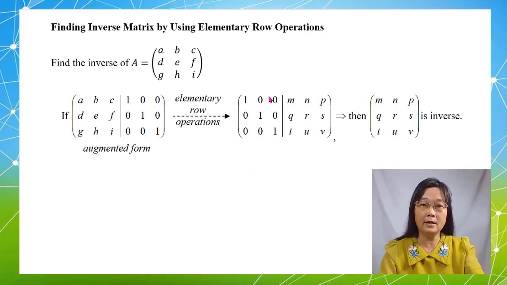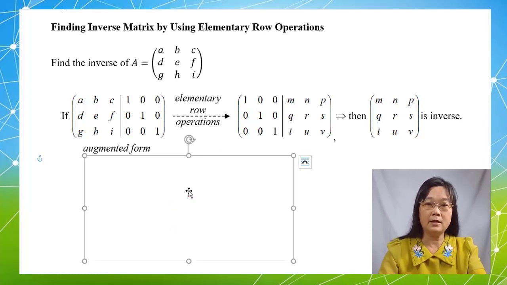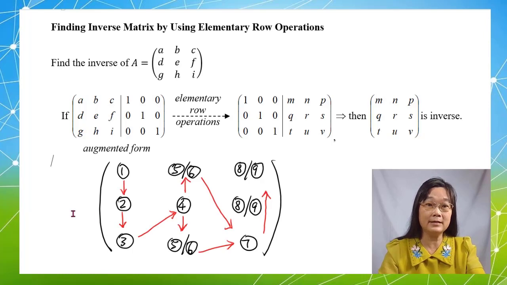Since there are so many elements here that need to be changed, students may get confused about which number must be done first, followed by which number. So here I have a suggestion.